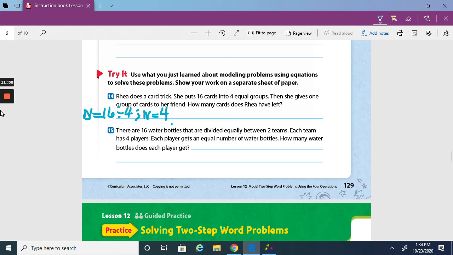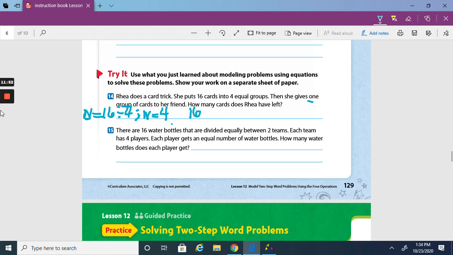Now I'm ready for the second part. In the second part, I'm going to take my total number of cards, which is 16, and I'm going to subtract one group because it says one group of cards goes to her friends.